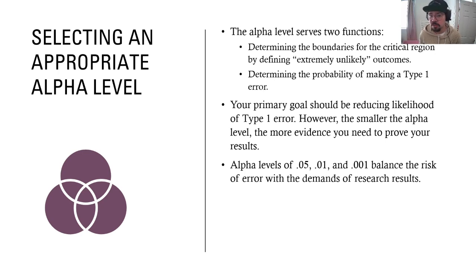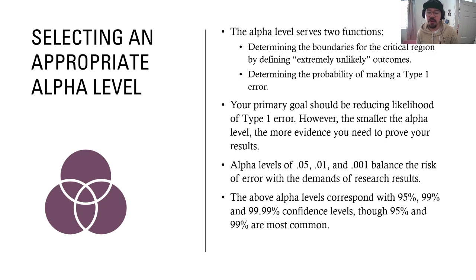It sounds good at face value, but you are then requiring that the results of your research show even more evidence of significant difference. And you have to weigh out as a researcher what makes the most sense for the kind of research that you're conducting. So the alpha levels of 0.05, 0.01, and 0.001 all correspond with confidence levels of 95%, 99%, and 99.9% confidence. However, just to reiterate, 95 and 99% are the most common.